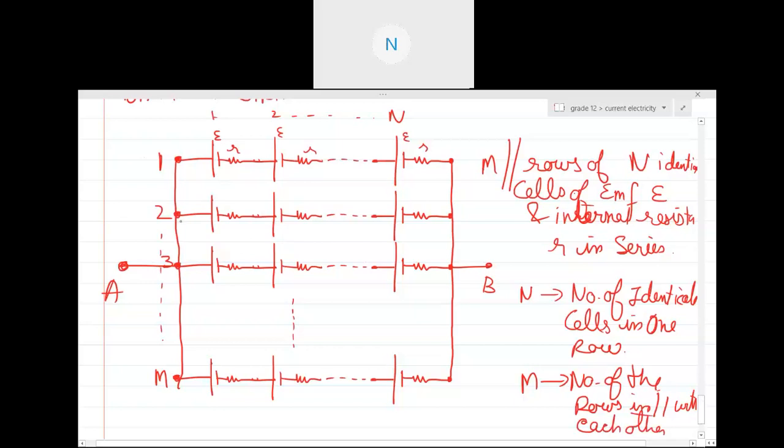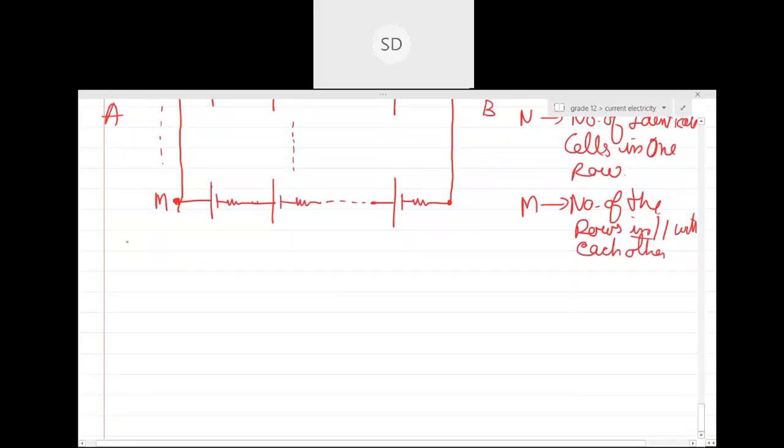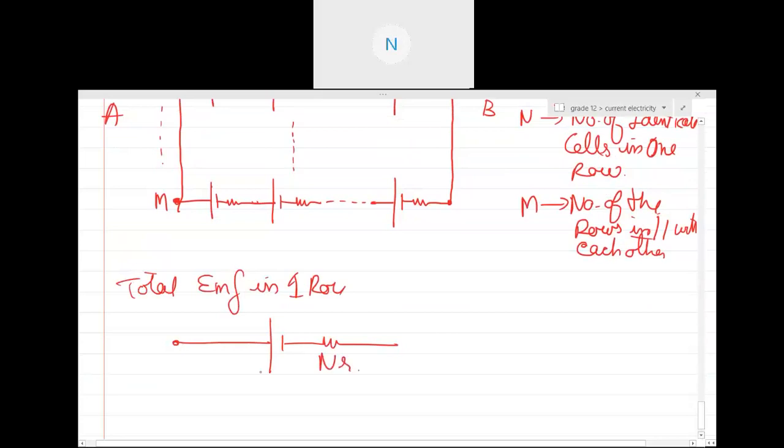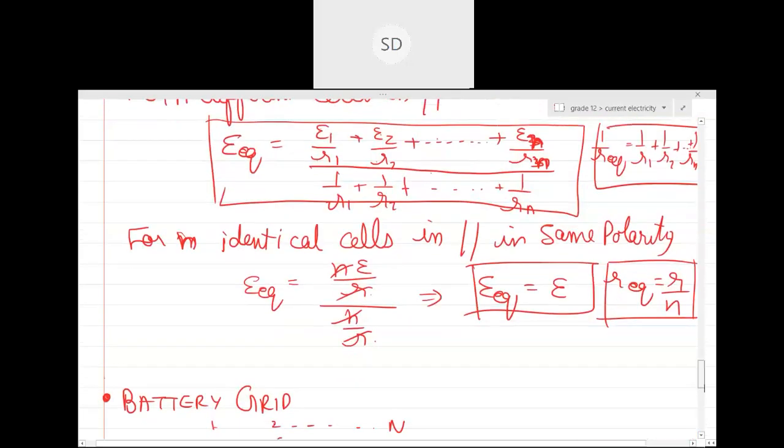How do you deal with a battery grid? What is the total EMF in one row? Will it be equal to n times of E and n times of R? If you just take any one branch, can you see n different cells in series?